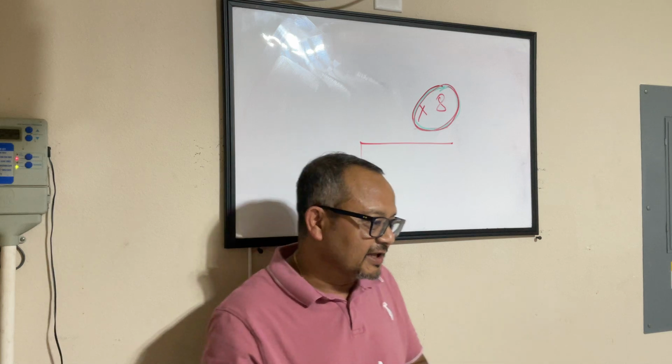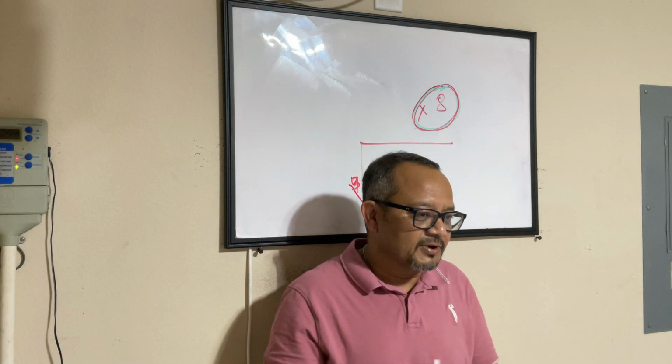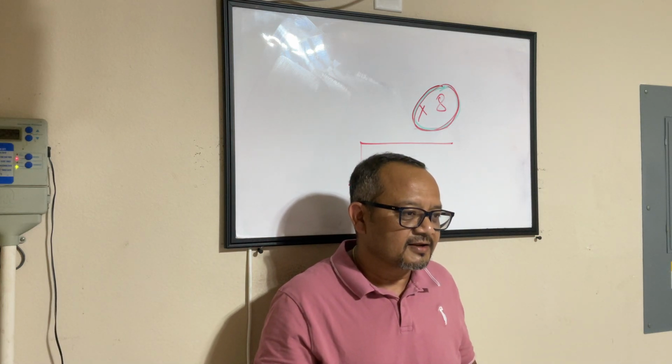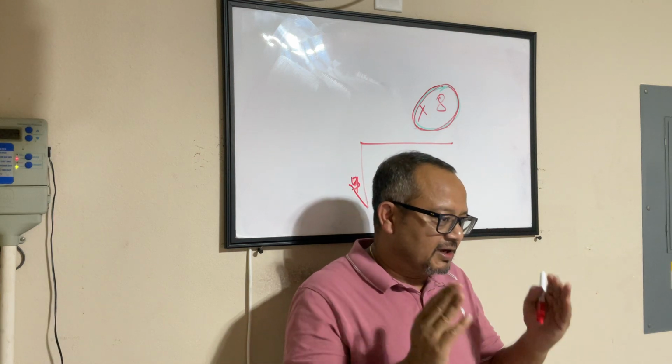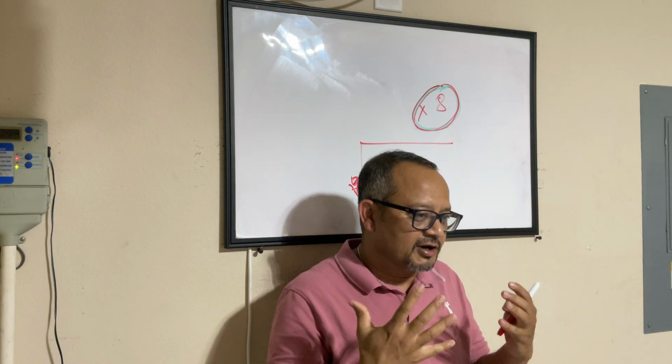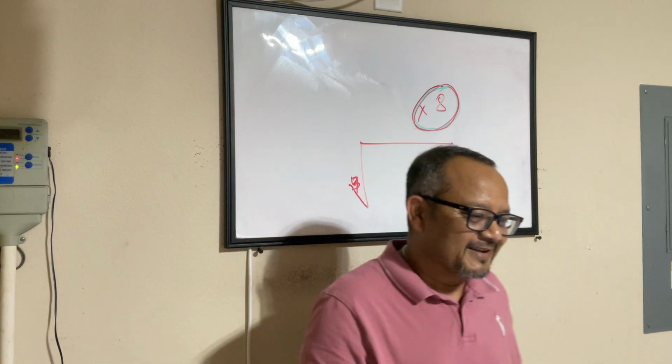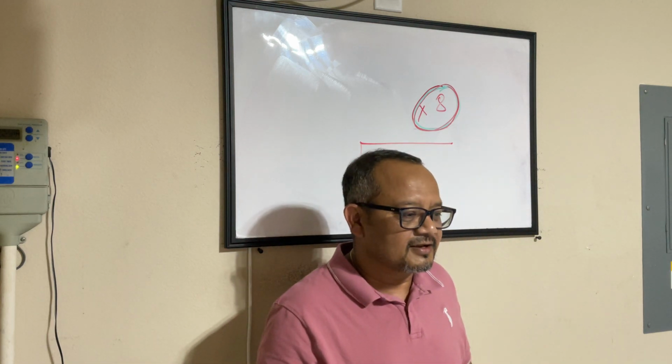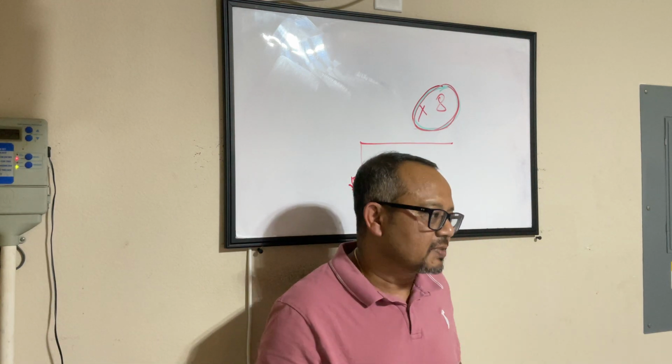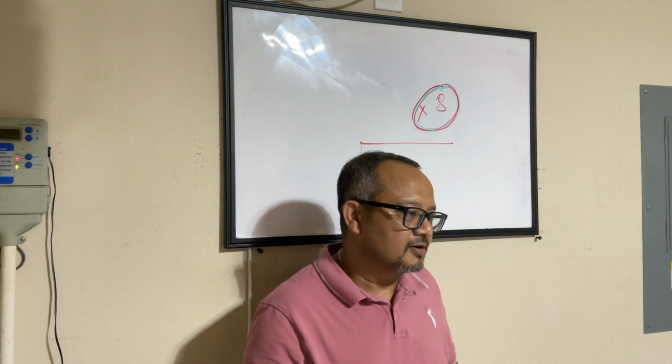Anybody else other than Dhanvin? Yeah, Praneet. You have to be a little louder. I want you guys to shout at me. The rational equation is when the equation takes the form of a fraction or a rational number. Okay.